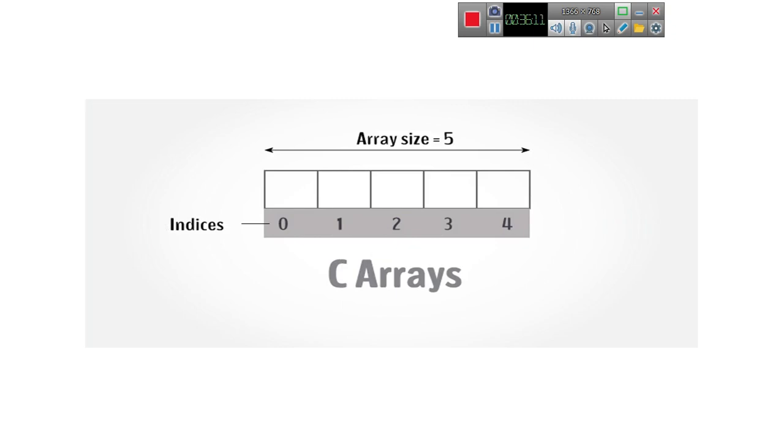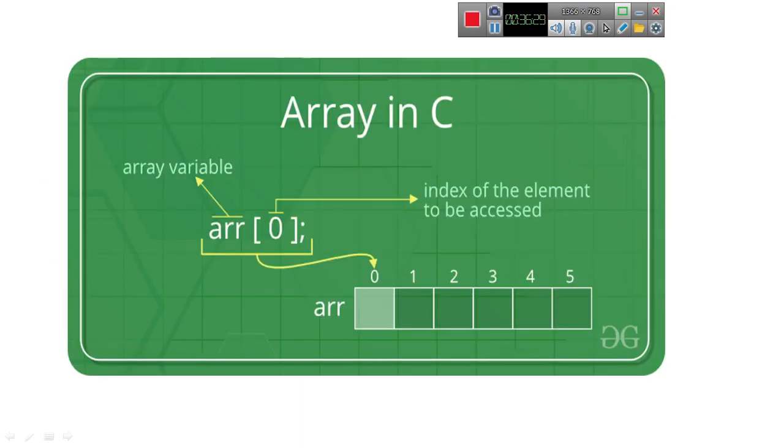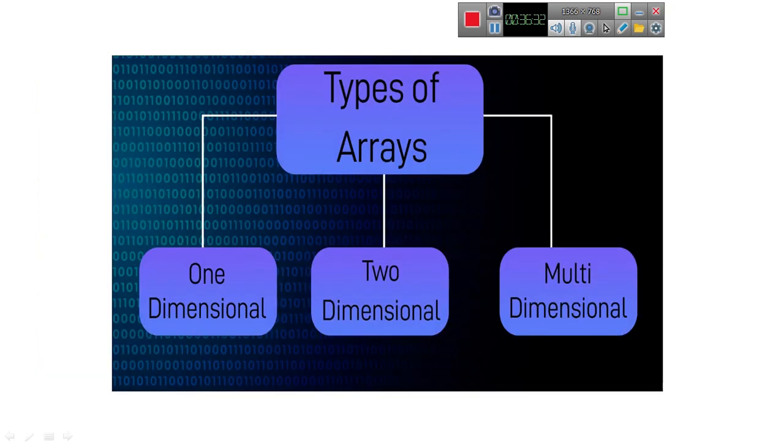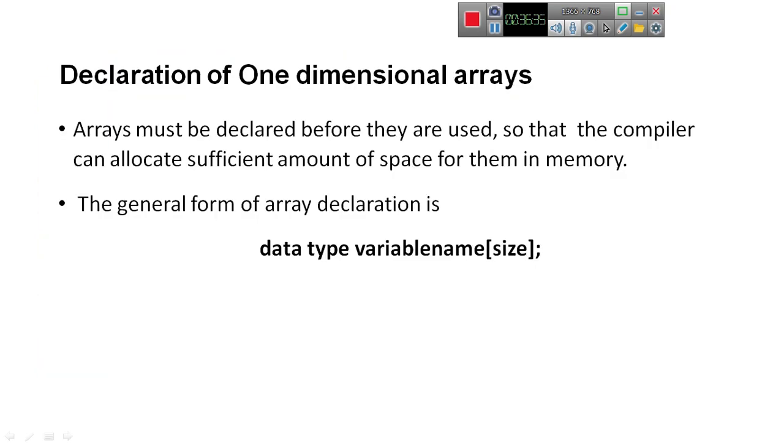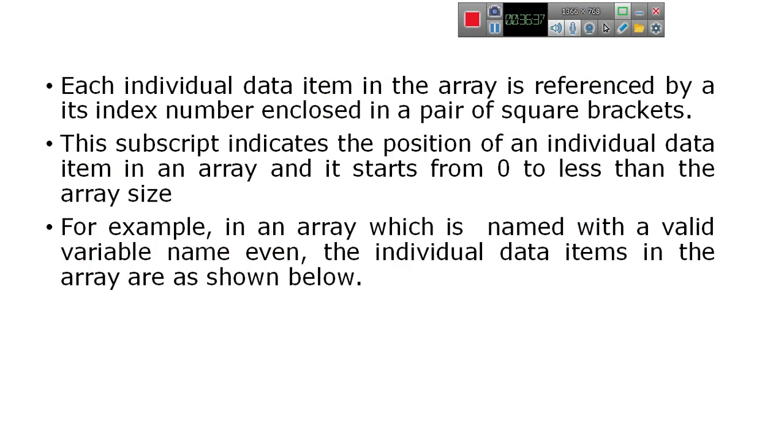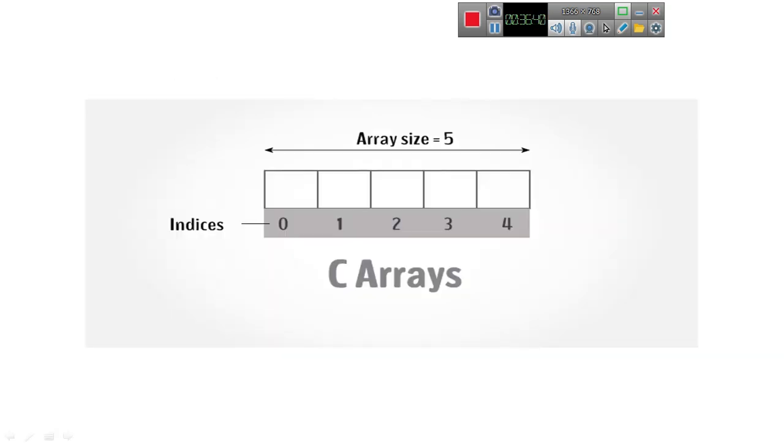See this diagram. Array size is equal to 5, and these are the 5 locations. This is nothing but memory location. The first box means that it is an array.